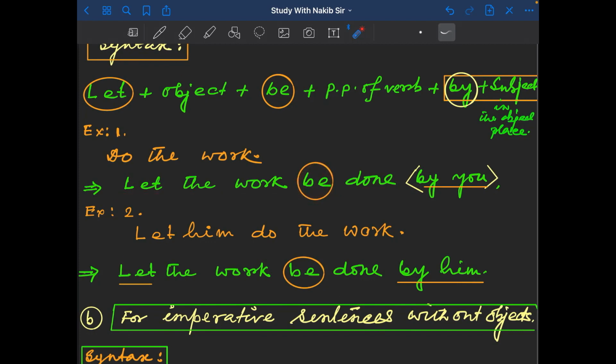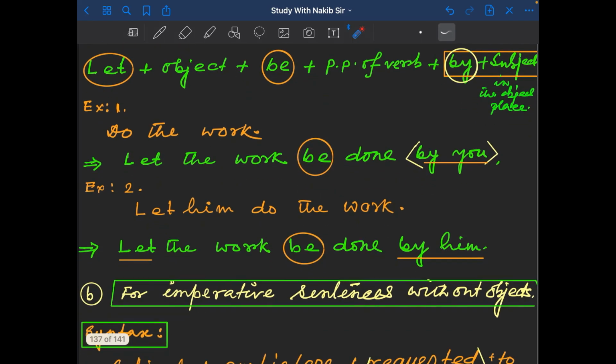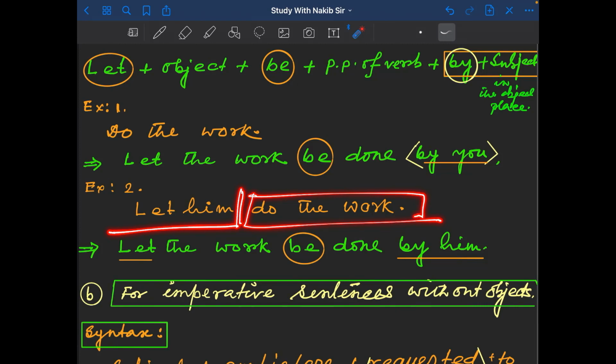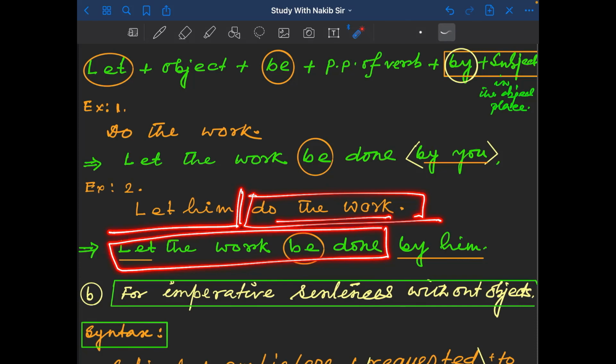Okay. Next example. See, the sentence itself has one let. Let him do the work. Okay, no problem. Just divide the sentence this way and work with this first. Do the work. That means let the work be done. This part is done.